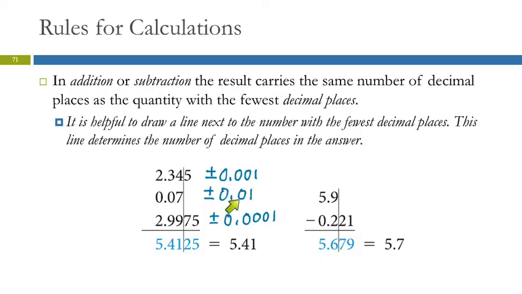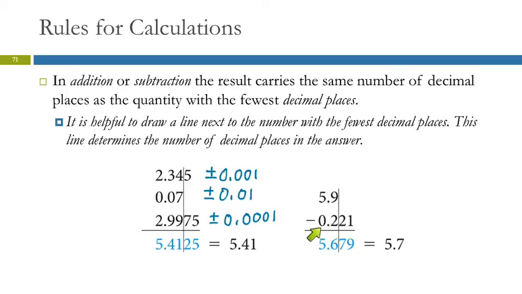I need to have the largest uncertainty of any of my numbers. It's just a different way of thinking about this rule. If it's not making sense to you, just plug your ears and go la la la, and I'll wave at you when you should unplug them. But it's like least precise. The least precise number determines the precision of the final result.